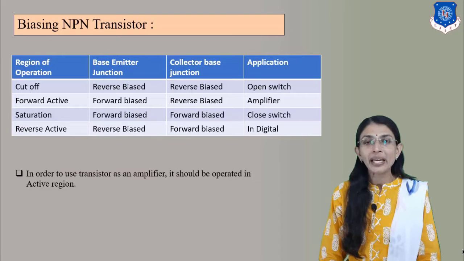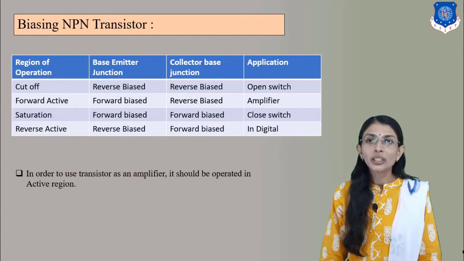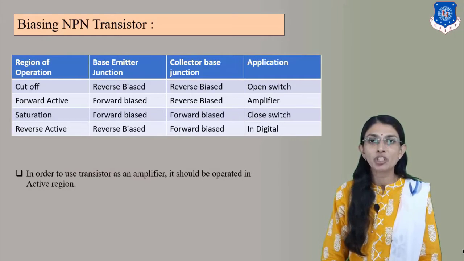According to the junction biasing, we will have the different applications of BJT. If both junctions are reverse biased, that means the transistor will be in the cutoff region. So, in the cutoff region, the transistor can be used as an open switch.